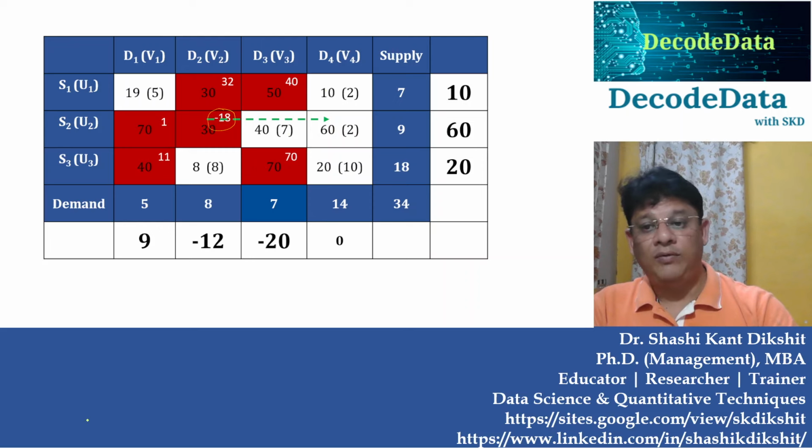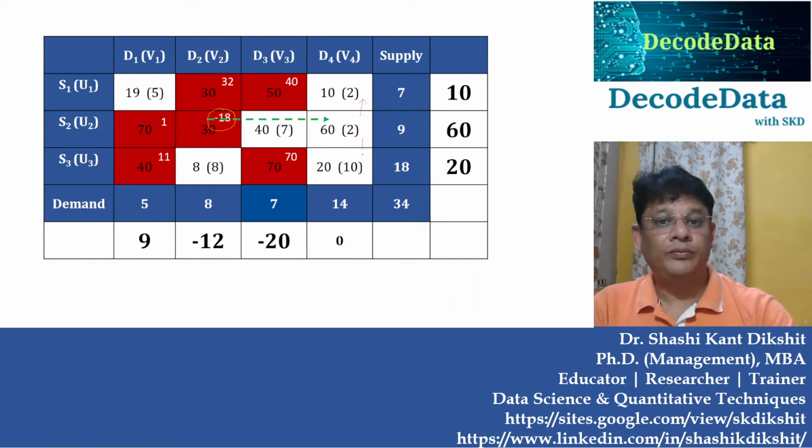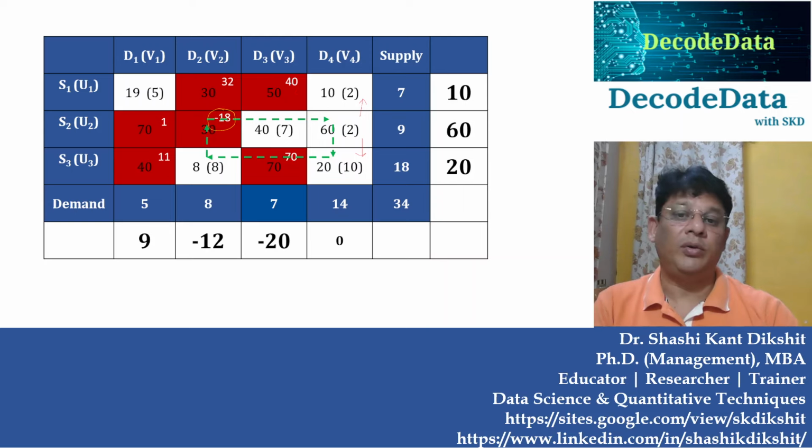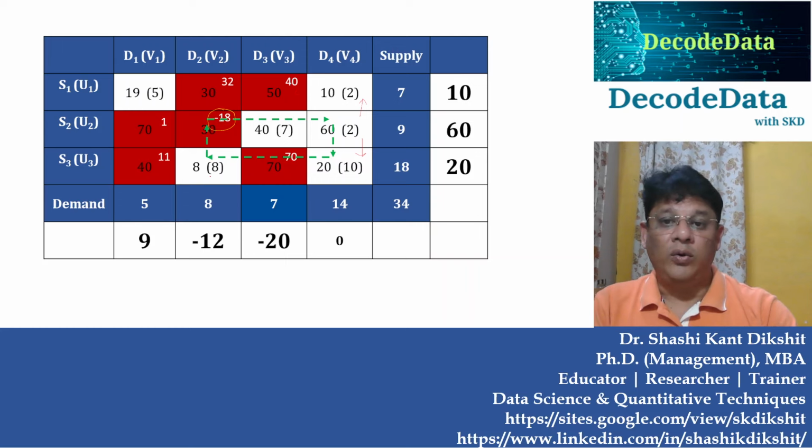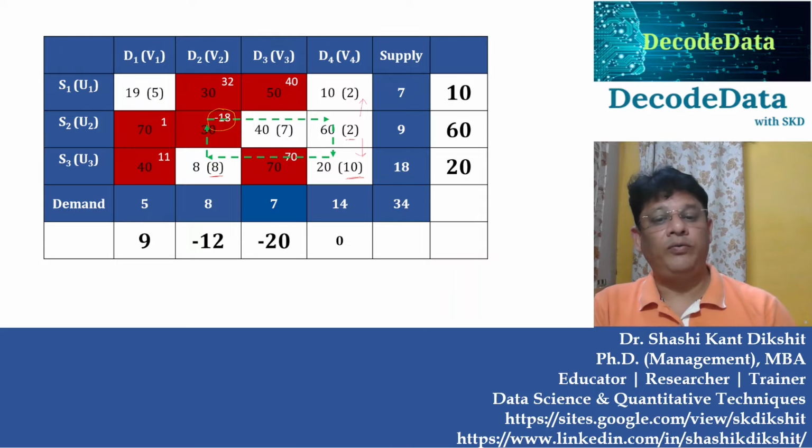If I go up, I can take a turn there, but the path cannot be completed. So we'll take the turn from 60 going down, and then from there I'll turn, because the allocation is there. I'll reach the 8, and then turn back, and there is the path. So this is the path. In this path, allocation is at the corner, this is the second corner, and this is the third corner. All three corners have an allocation.